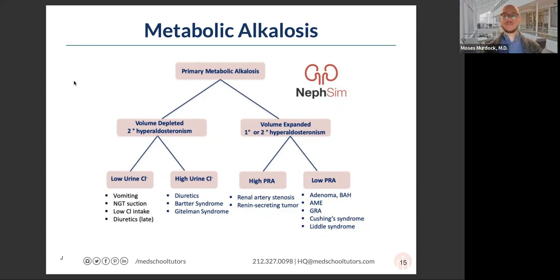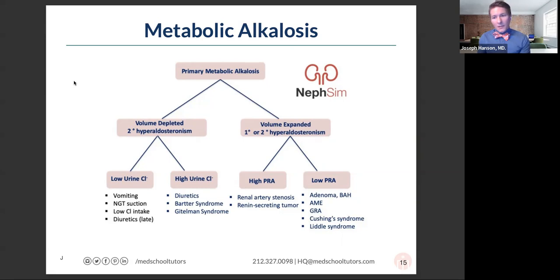And so as a result, regardless of whether it's primary or secondary hyperaldosteronism, and that means either the adrenal cortex is overproducing aldosterone on its own, or it's being told to do so because of renin release from the kidney, one way or the other, we're going to have metabolic alkalosis and too much synthesis of bicarbonate.